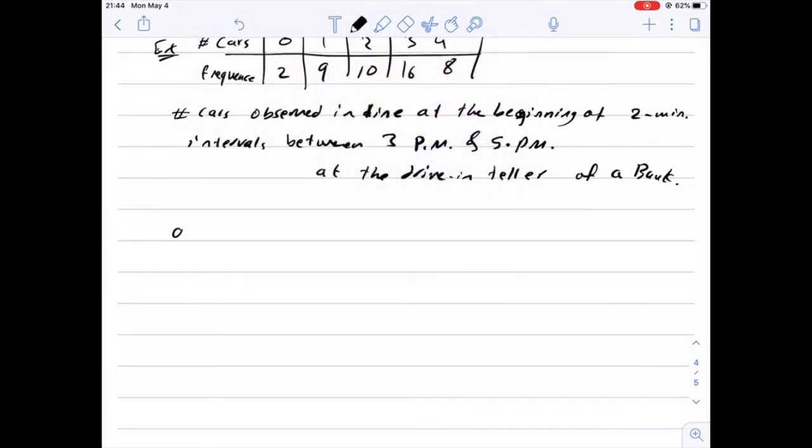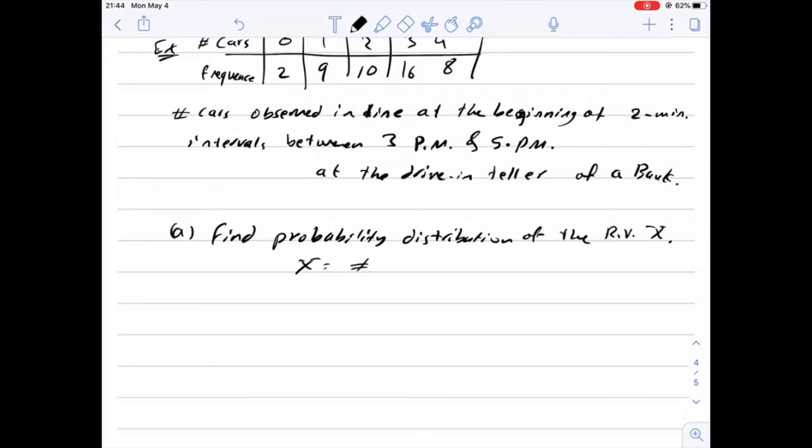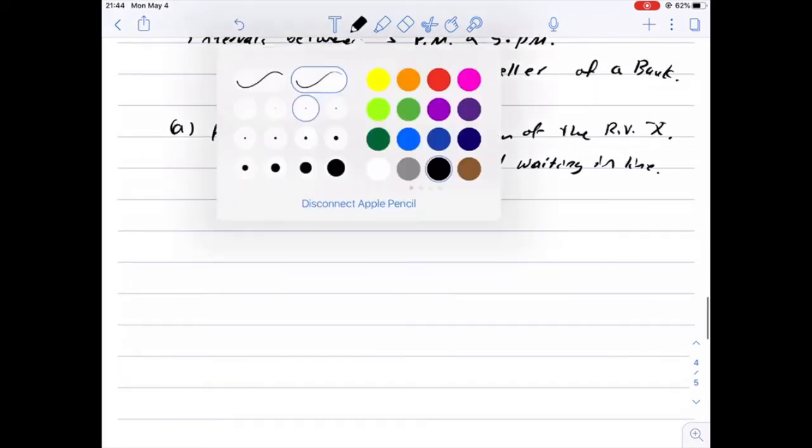Now we want to find the probability distribution of the random variable X, where X represents the number of cars observed waiting in line.